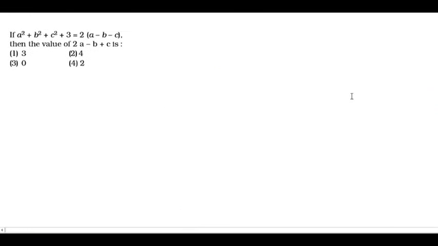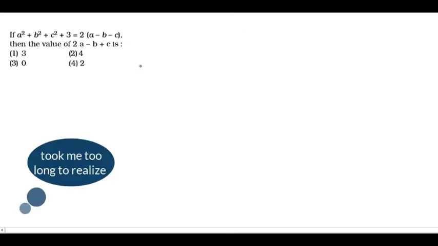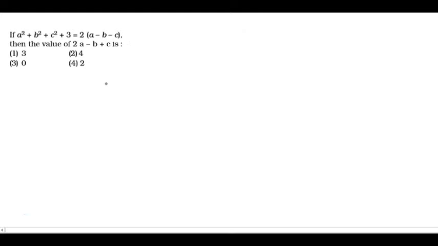Next question, a square plus b square plus c square plus 3 is equal to 2 into a minus b minus c. So yeah, in this method, we need to make sure that we try to find the value of a, b, c independently. So let's try to do it.